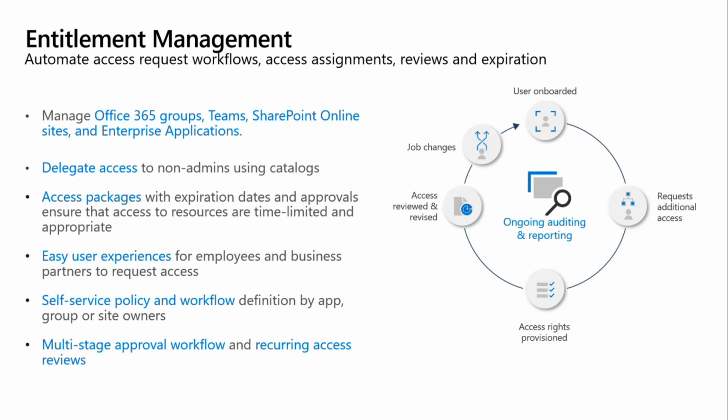And to do this, Entitlement Management has access packages, which are essentially just a bundle of all the resources, everything that is required for someone to be able to do a specific job. And then there's also a concept of connected organizations, which is basically going to allow users access from other tenants, and that uses B2B, so that those users can request access packages of resources on the home tenant.